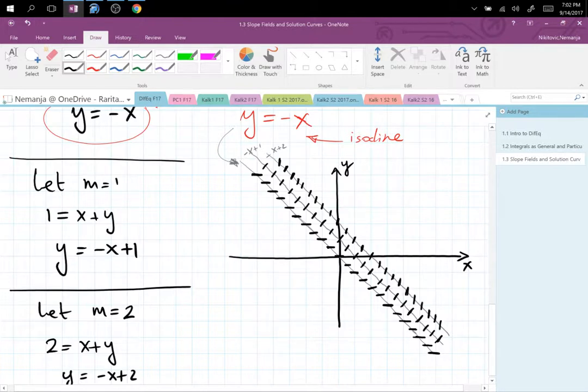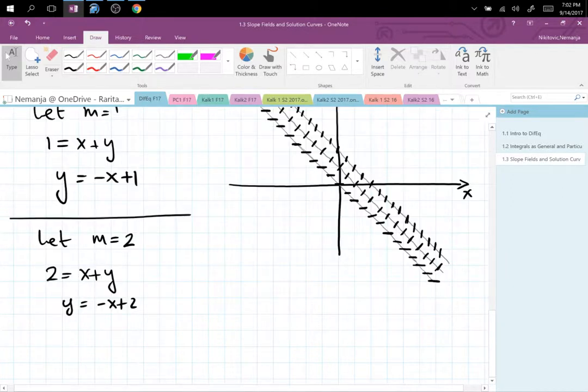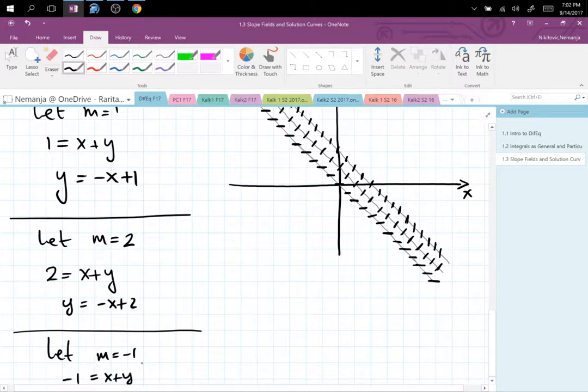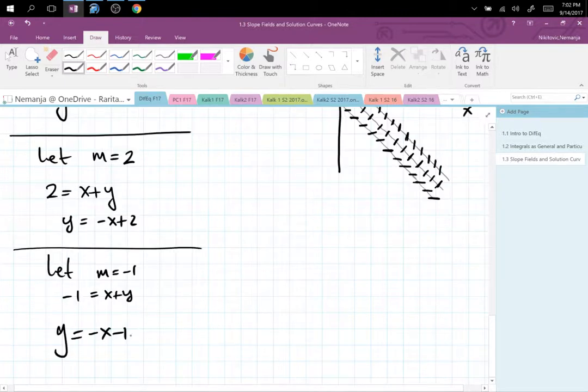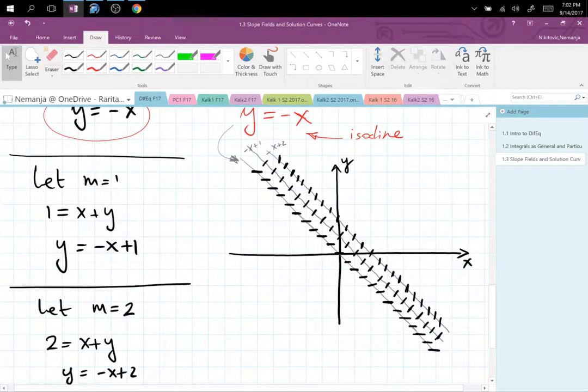Let's see some negative numbers as well, right? Let m be negative 1. Negative 1 is equal to x plus y, so now y is equal to negative x minus 1. So negative x minus 1 is going to be, again, parallel to all of these lines. And we are looking for a slope of negative 1.